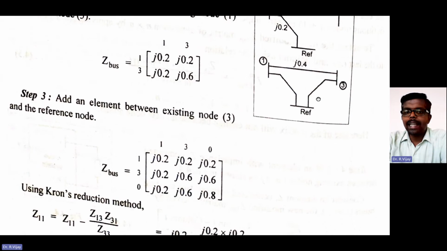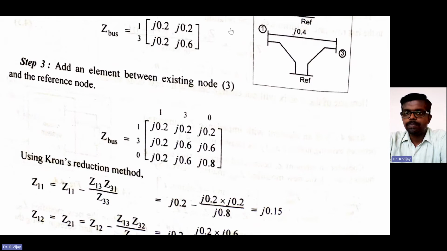So here we are adding j into 0.2, the element between 3 and reference. As I said, this particular thing is the same L: this and this are the same, this and this are also the same.